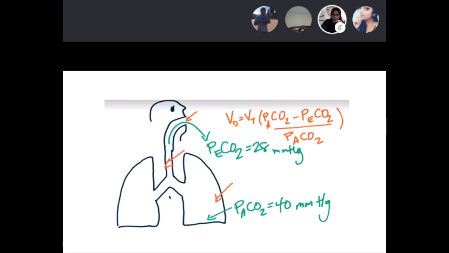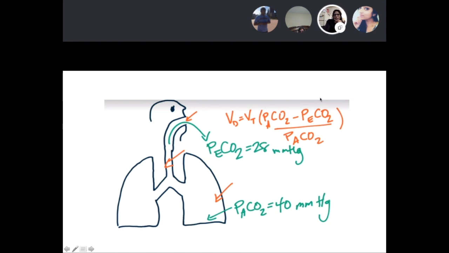Okay, so then to give you guys a scenario here. Here we see that the alveolar CO2 is 40 millimeters of mercury, and then the expired CO2 is at 28. So clearly we see a discrepancy here, and it is for us to determine where that remaining gas exchange is missing and where it is. So that discrepancy we can attribute to being in other areas or spaces of the lung.